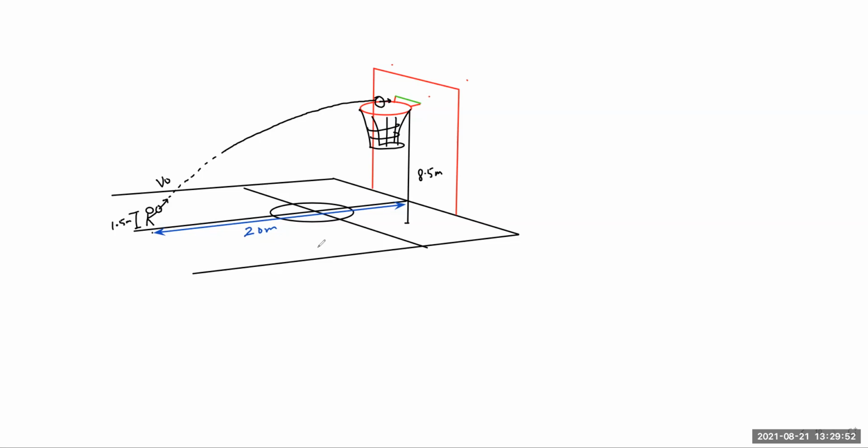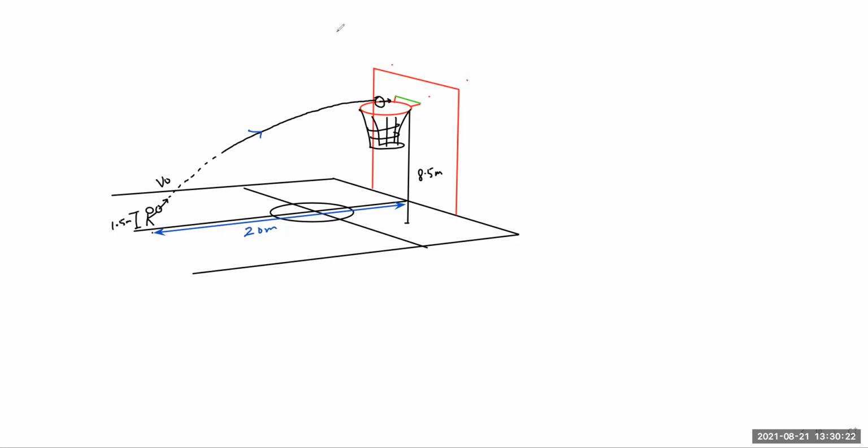But if you look at the reverse process, think the ball is coming from the basket towards the man. Then this is the question of horizontal projectile, in the reverse order. And then v naught becomes the final velocity actually.